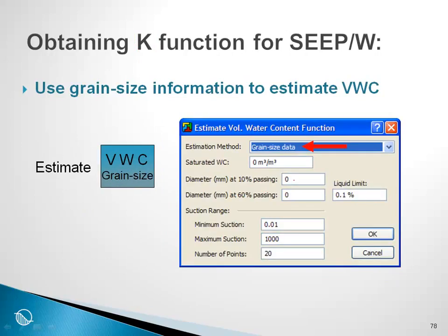Now, it is possible to estimate the volumetric water content function from grain size, and this is available in SEEP/W.